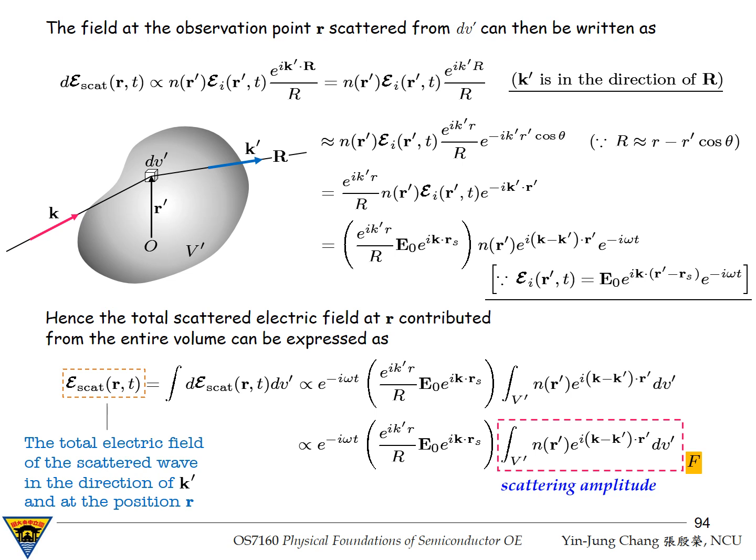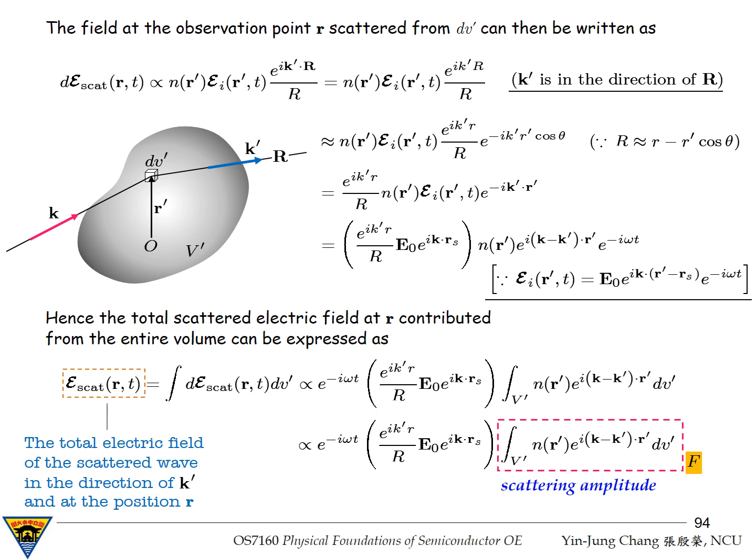So one of the most important insights in solid-state physics emerges here. This integral is mathematically a Fourier transform of the electron density distribution. Therefore, the diffraction pattern we observe experimentally is directly related to the Fourier components of the crystal's electron density.